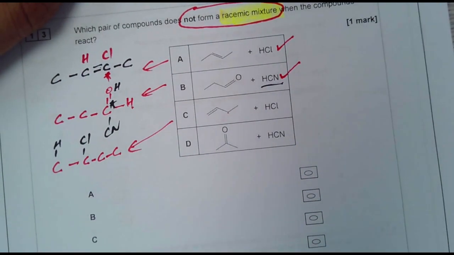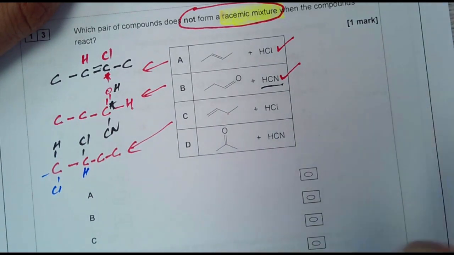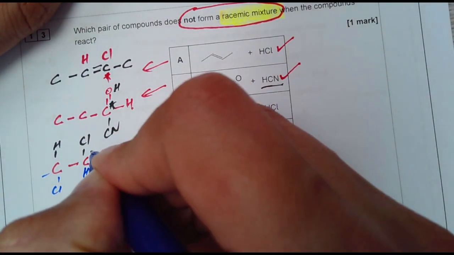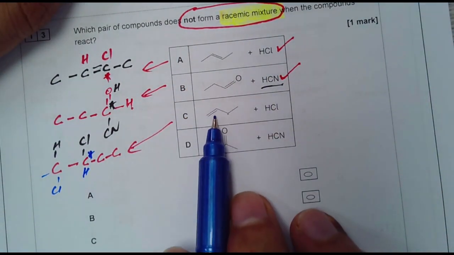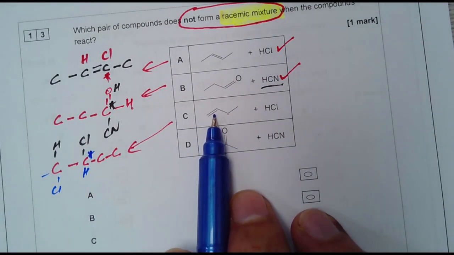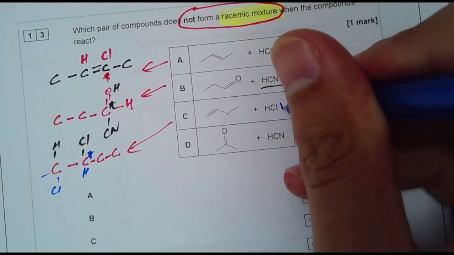I can have H here and I can have Cl here. If I look at it, this is not my chiral carbon. If I have H here, then this does make this carbon a chiral carbon. And because it's a planar structure at this location, it will have 50% chance of attack from above, 50% chance of attack from below. So again, I can say C will produce that too.